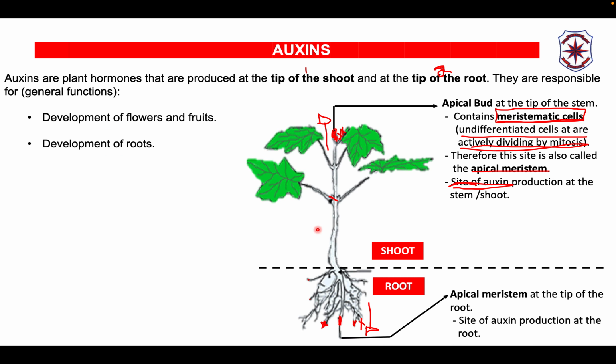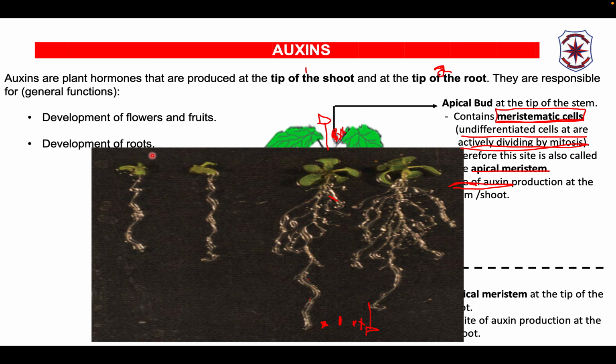Second function, auxins are crucially important for the development of roots. When a plant germinates, one of the first things that comes out of a seed is the root. Then the root will develop and become bigger and bigger under the influence of auxins.